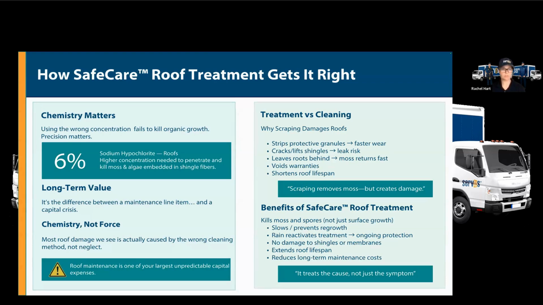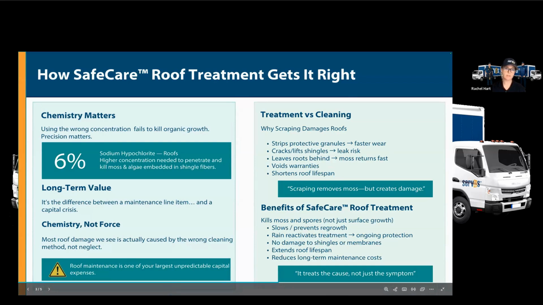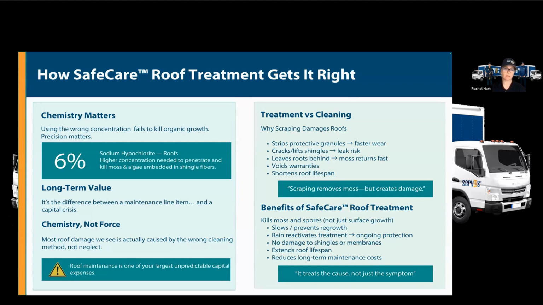I've watched many different roofing companies, and I've seen all the different programs that they offer and the warranties that they offer. But at the end of the day, you have an uneducated person up on your roof scraping away and damaging the roof surface. I think that's kind of smoke and mirrors when it comes to a warranty program for roofing companies.